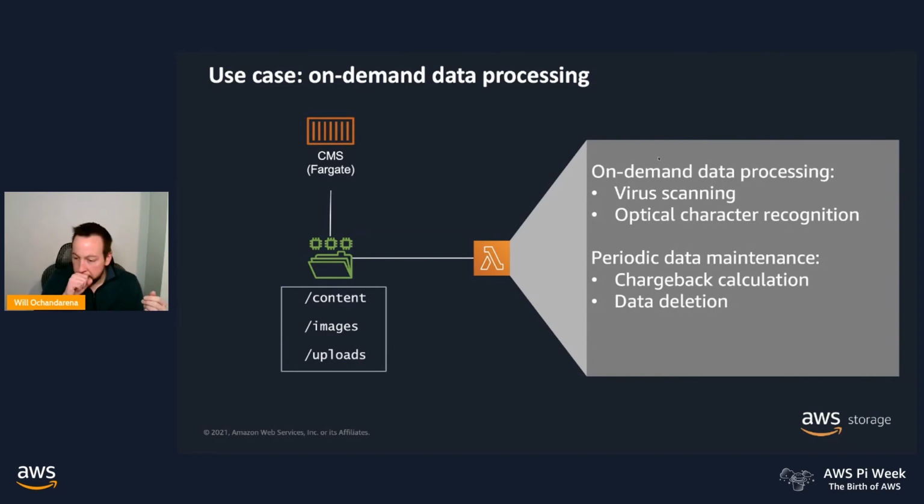You can attach a Lambda function to do virus scanning on new uploads coming in, OCR on resumes coming in, or even do periodic data maintenance of figuring out how to charge back your actual users who are using that content management system, deleting data that may be older than some threshold. All these things are possible now that you can attach a Lambda to a file system.